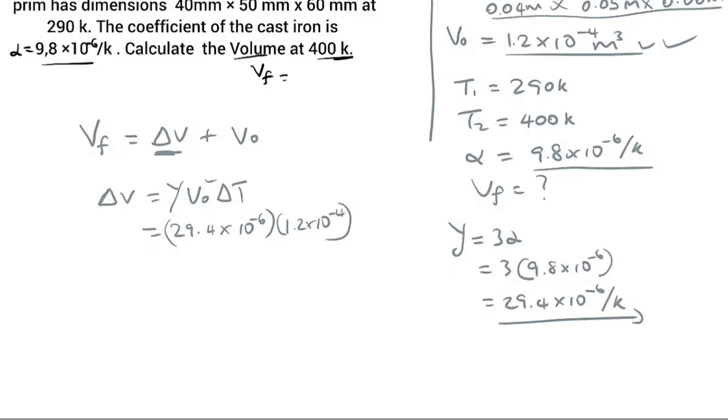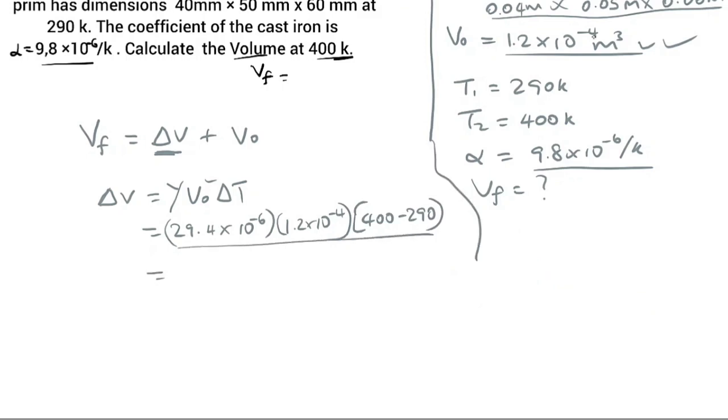The change in temperature is 400 minus 290. When you calculate all this, it gives the change in volume to be 38.808 times 10 to exponent -8 cubic meters, because the volume is in cubic meters. That is the change in volume.